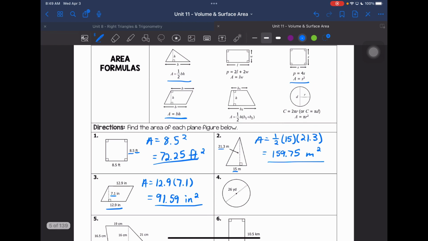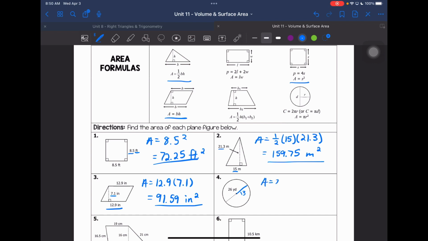Number 4 is a circle, and to find the area of a circle, the formula is right here. It's pi r squared. So r stands for radius, and then the d stands for diameter. Hopefully you remember hearing those words from previous math classes. Diameter is all the way across, and then the radius is just halfway across. Because we want the radius, we just need to take 26 divided by 2, which would be 13. So that's the value we're going to use to plug in for r.